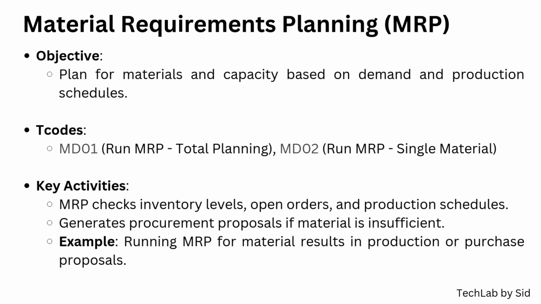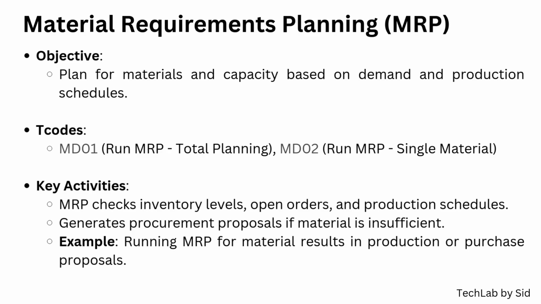MRP is the heart of the PP module, where material and capacity requirements are calculated based on the demand generated. You can run MRP using Tcodes MD01 for total planning or MD02 for single material planning.